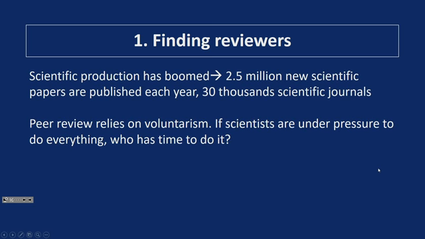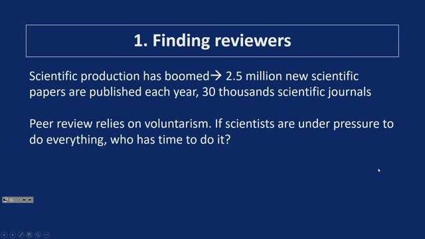It's a voluntary activity. But since the scientific and higher education context has become increasingly competitive and scientists are under pressure to do basically everything, the problem is who has time to do a voluntary activity. So increasingly editors find it difficult to identify reviewers.